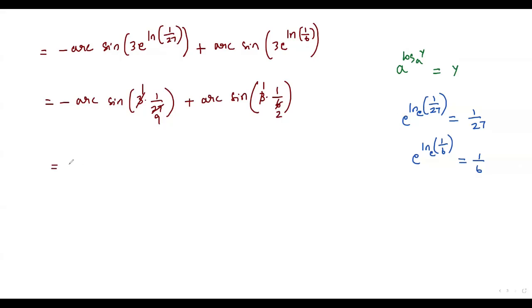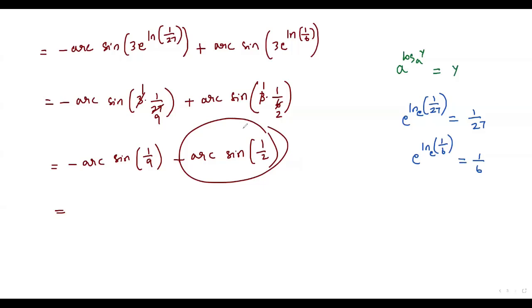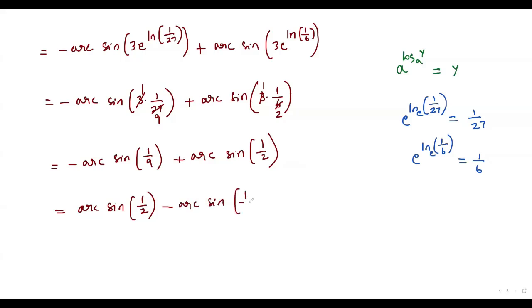Then we get negative arc sine 1 over 9 plus arc sine of 1 over 2. Now I can write the positive term first: arc sine of 1 over 2 minus arc sine of 1 over 9.